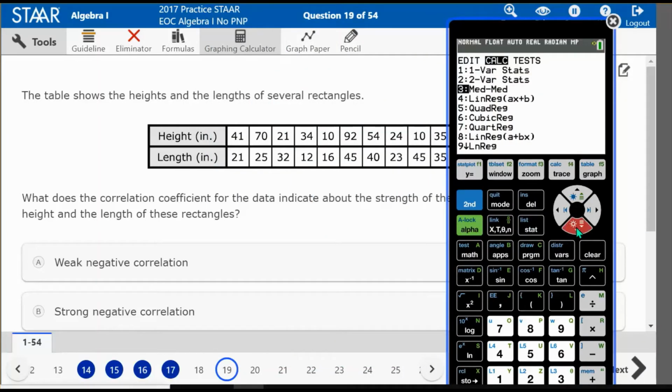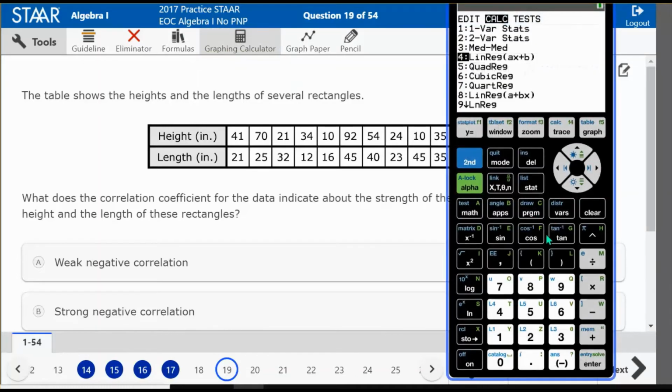So we click enter, enter, enter, enter, enter, enter, and then we see we have our a value, b value, r squared, and r. That's why we turn on the diagnostics, because that tells you what correlation it is.